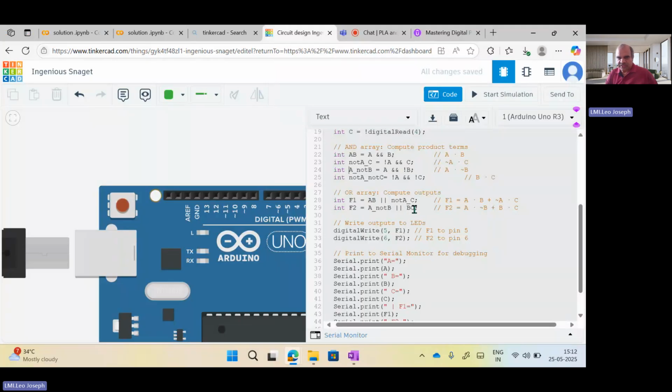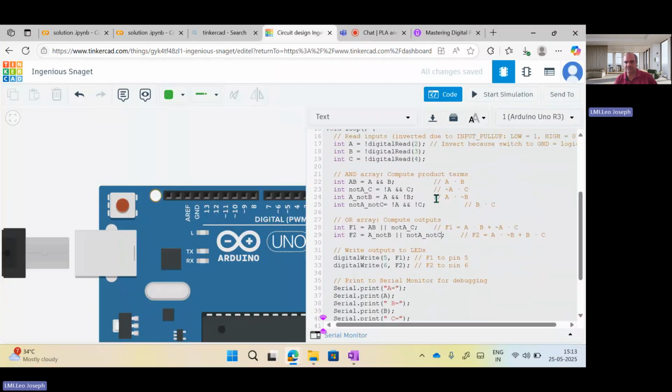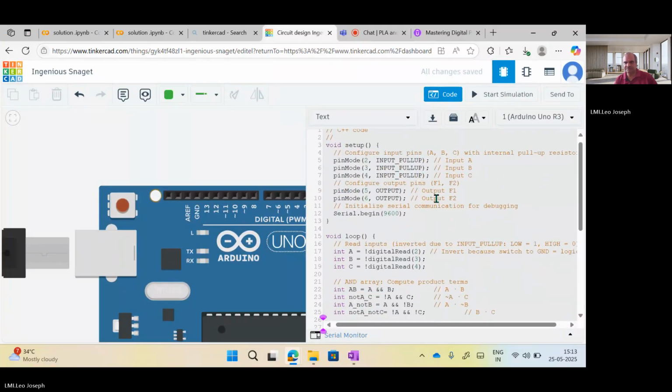Here only I need to write BC not. Instead of that, I need to write not A underscore not C. Whatever I am writing here, I am just copying. Not C is capital C also. Anywhere capital C is missing, replace it, otherwise it will show errors, since the declaration is ABC.